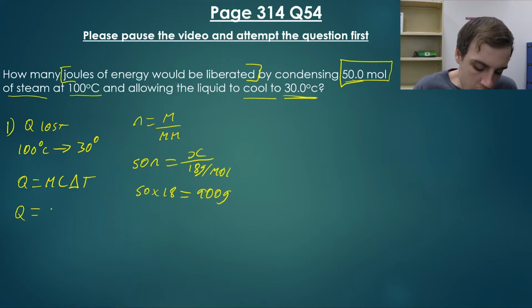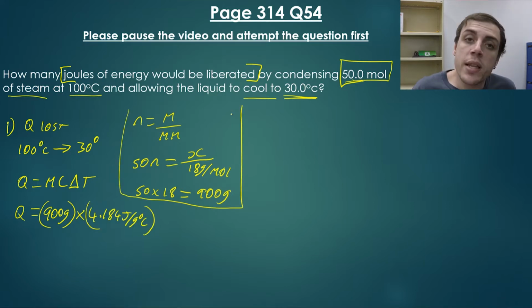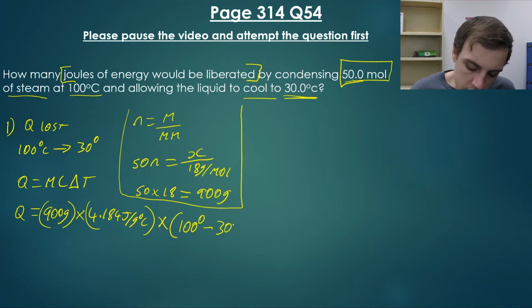So the mass we know is 900 grams multiplied by the specific heat of water, which is 4.184, and we're going to times it by the change in temperature. So that is 100 degrees minus 30 degrees.